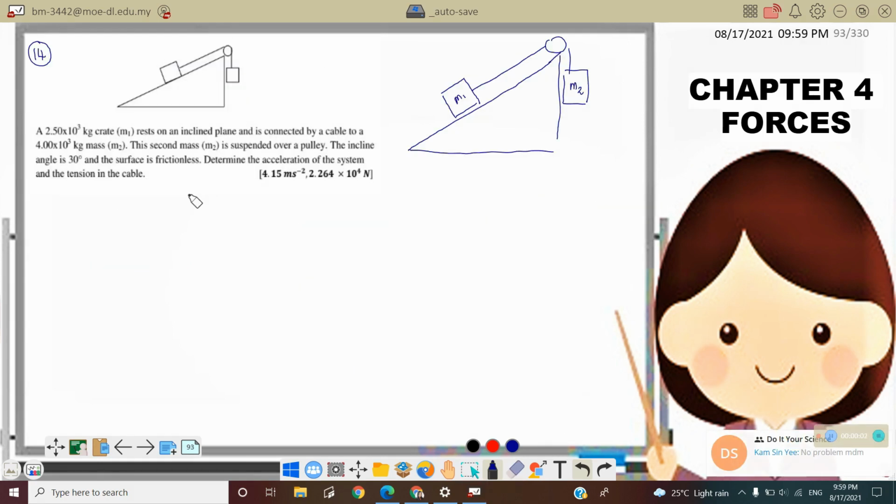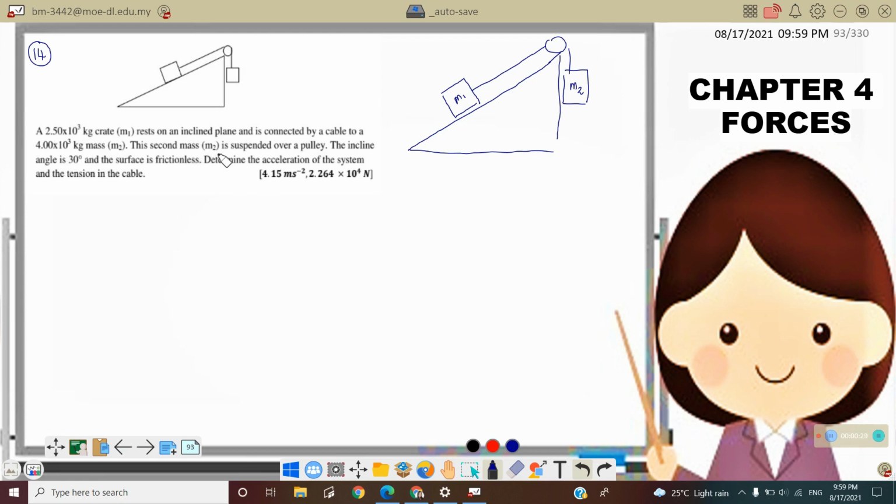Next, we are going to discuss question number 14, where there are two objects, M1 and M2. M1 has a mass of 2.5 times 10 to the power of 3 kg. M2 is connected with a cable, and its mass is 4 times 10 to the power of 3 kg.